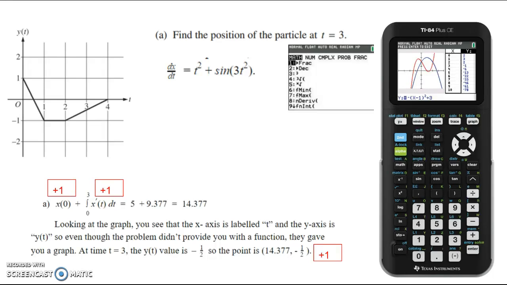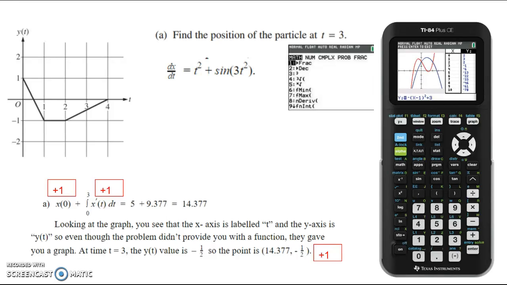To solve this integral, you could simply plug it into the calculator. On the TI-84, you click on the Math button and then 9, which is integrating. You can plug in the limits and the equation, and the calculator will give you the answer for that, and that is the x coordinate.